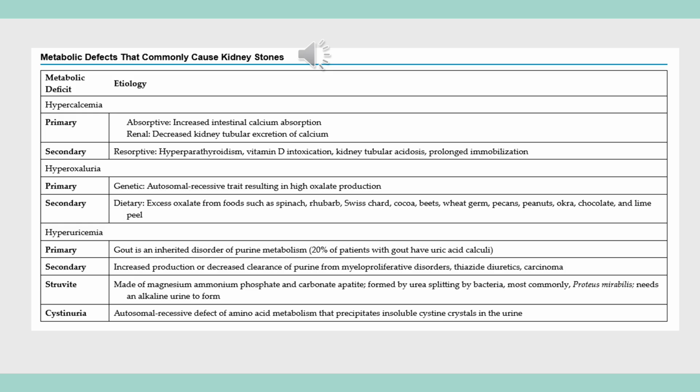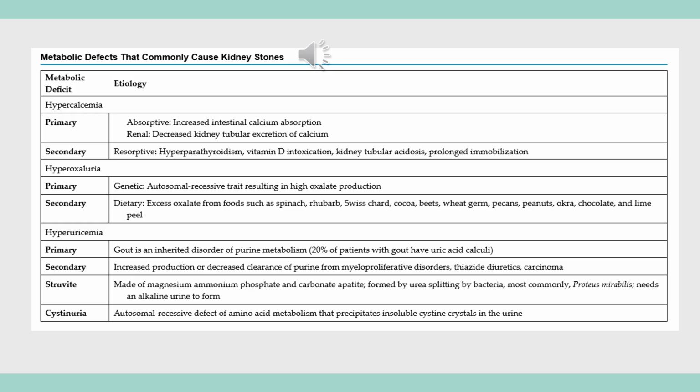Next, we have hyperoxaluria, which can be primary, linked to an autosomal recessive genetic trait that leads to high oxalate production. It also may be a secondary disease, where it's caused by a dietary intake of oxalate-rich foods, such as spinach, rhubarb, chocolate, and pecans. Hyperuricemia is another contributor.